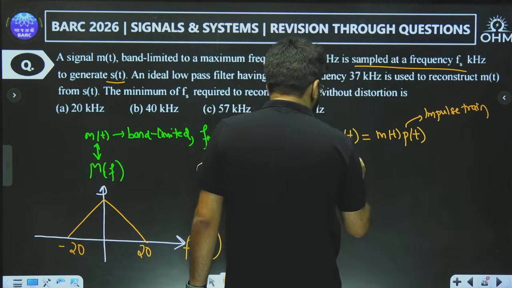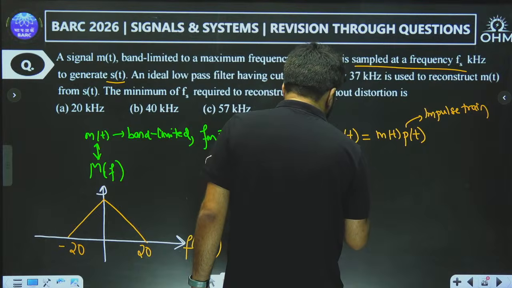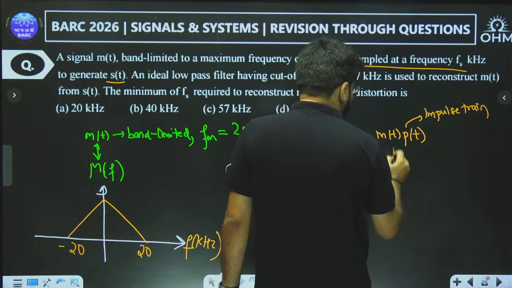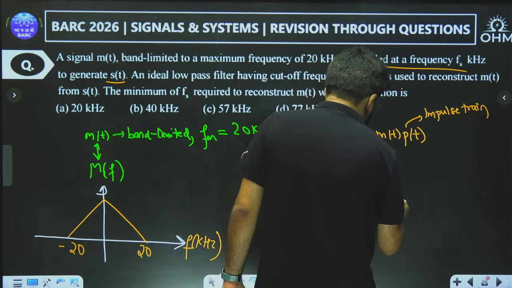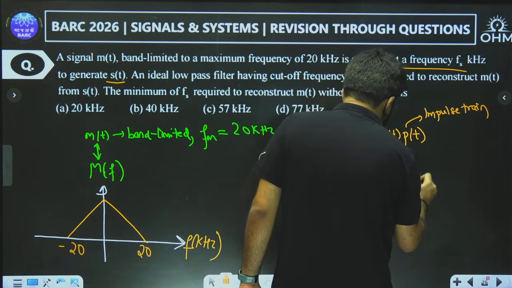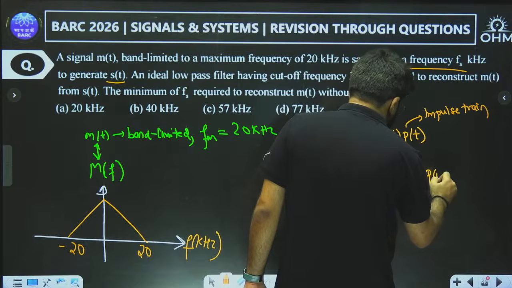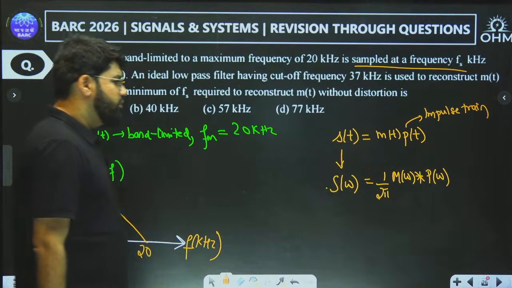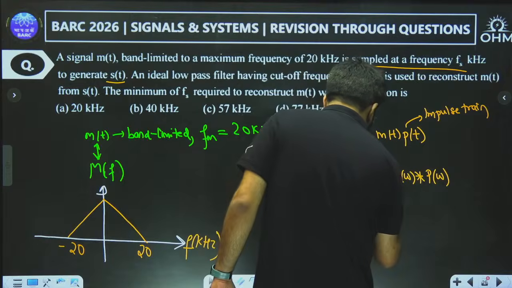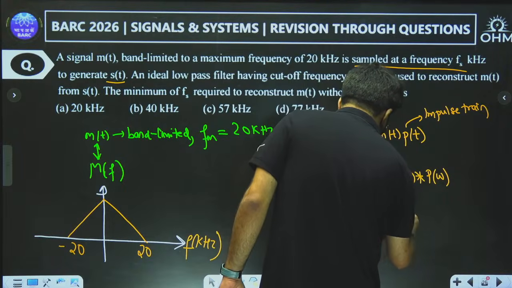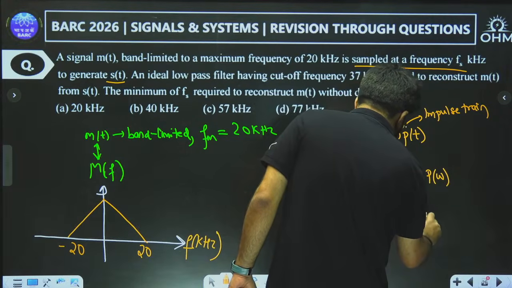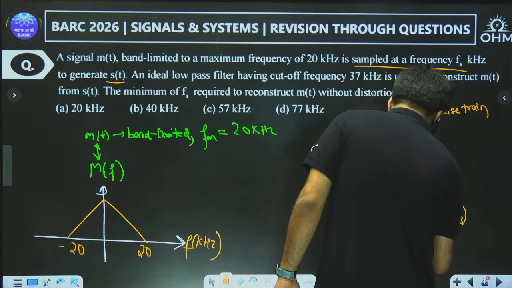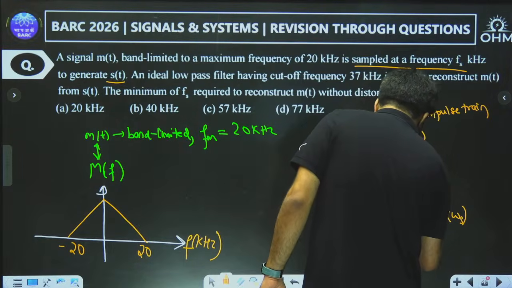In the frequency domain, S(omega) is obtained as 1 by 2 pi, M(omega) convolution with P(omega). And finally, on solving, we get 1 upon Ts, sum of M(omega minus k omega s), k equal to minus infinity to infinity. This is something about sampling you must know.